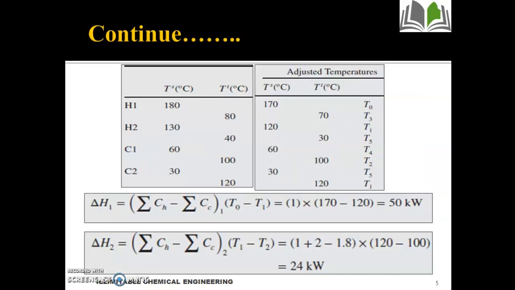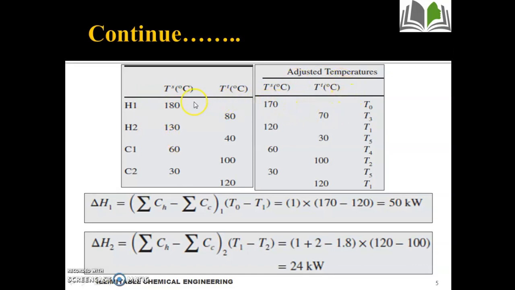So how will we calculate with this temperature interval method? The first step of this method is adjusting the temperature. We will adjust the hot stream temperature by delta T minimum. The first figure shows the given data, and the adjusted temperature is shown here.